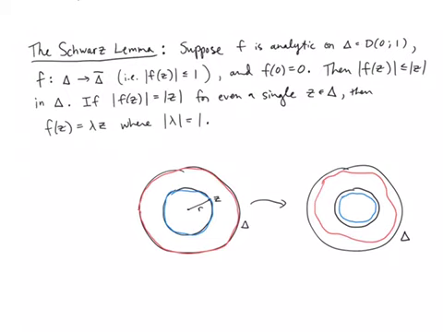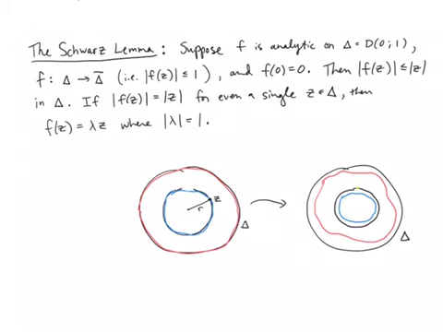And furthermore, continuing reading the theorem, if the norm of f of z equals the norm of z for even a single z, so let's say f of z has the same norm as z, sorry, let me take this back here.